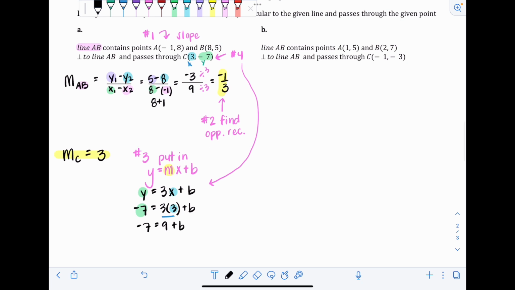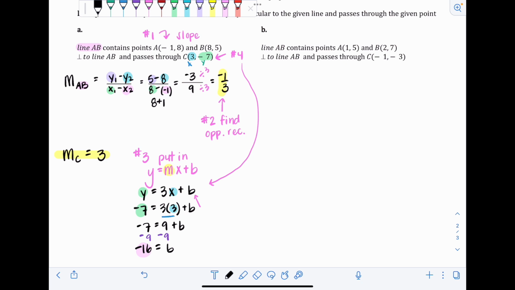Our goal is to get b by itself, so I have to cancel out that 9. I'm going to subtract it over. Negative 7 minus 9 is negative 16 equals, 9 minus 9 cancels out, so equals b. Our final answer we find by taking that 16 that we just got for b and putting it into the actual equation where b is.